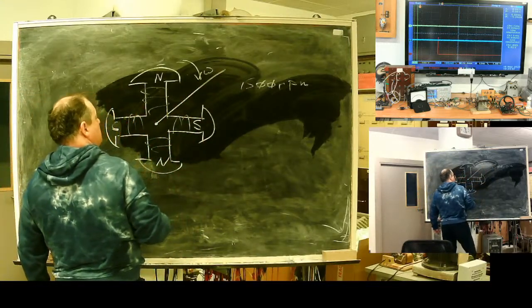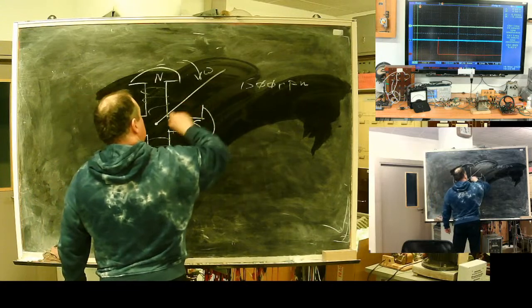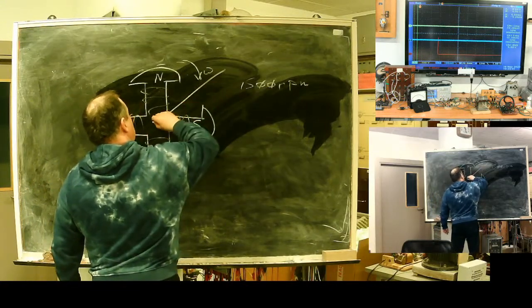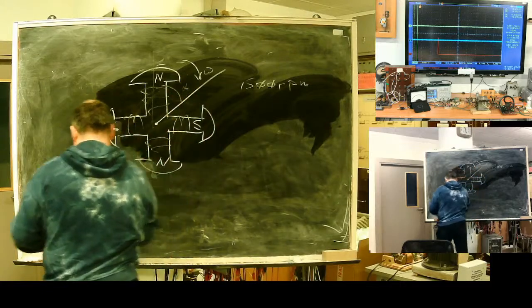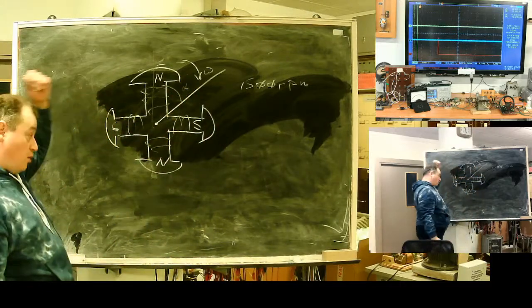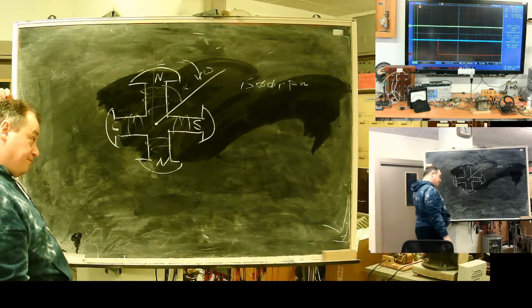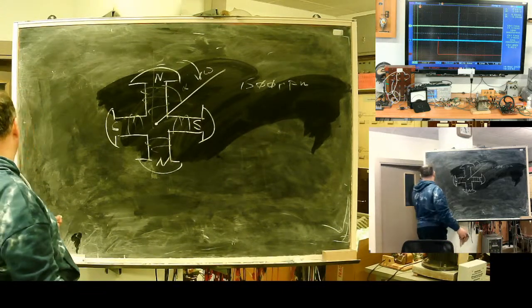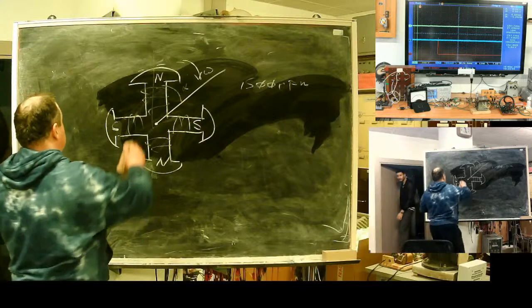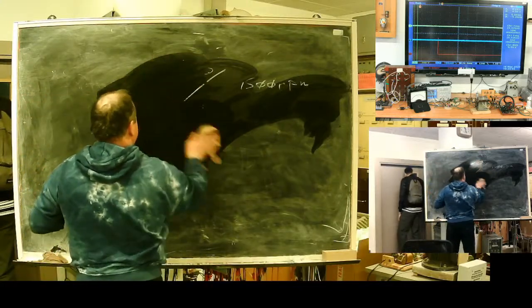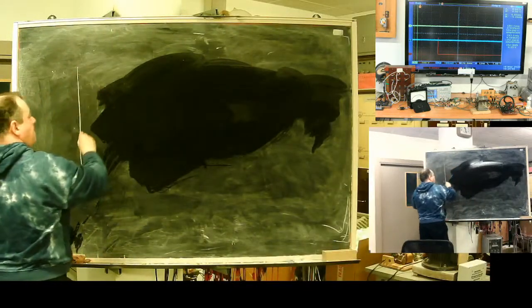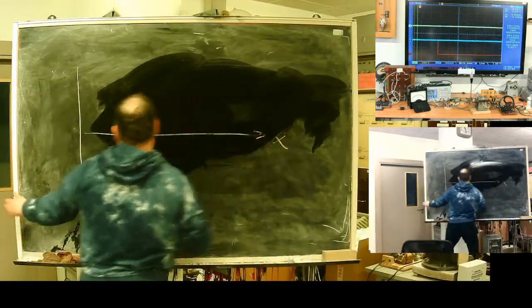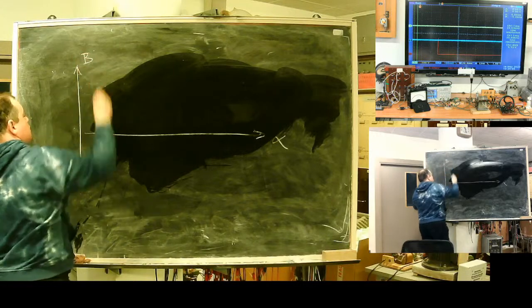Here is the zero line, and I can draw relative to the angle a field of it. Angle, induction.